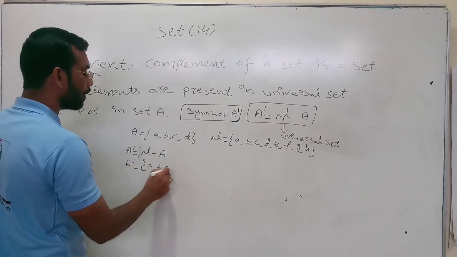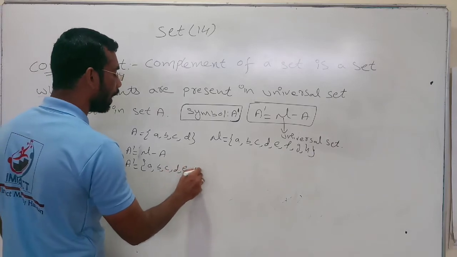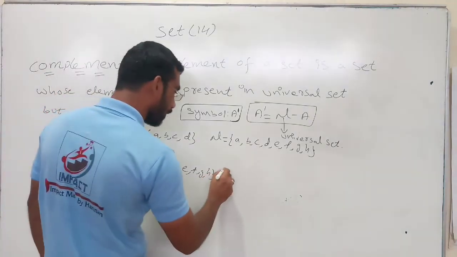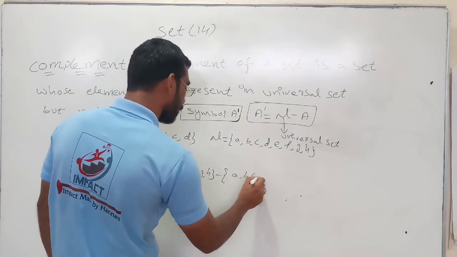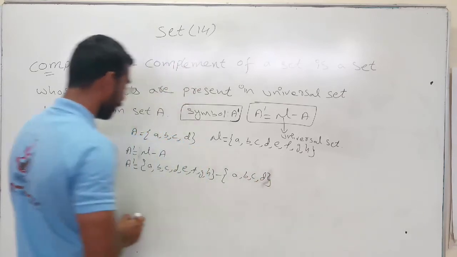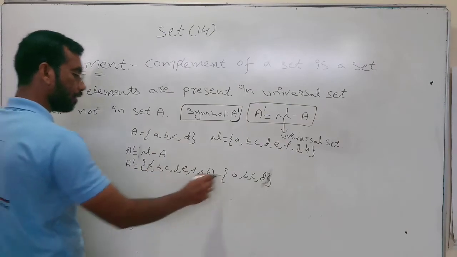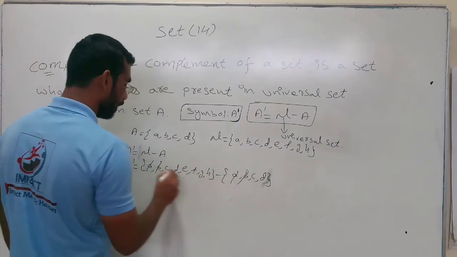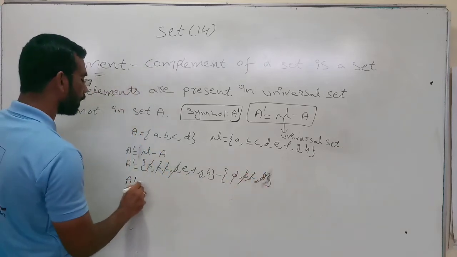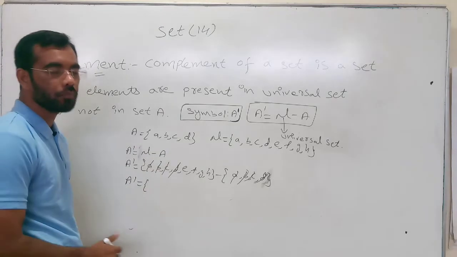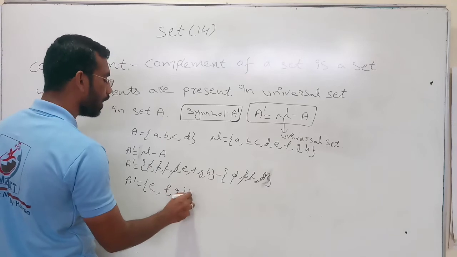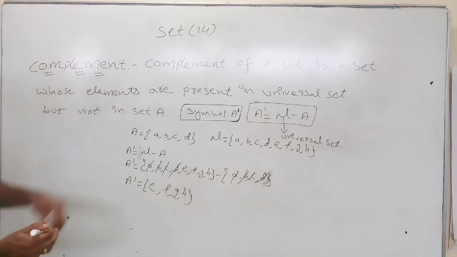A, B, C, D, E, F, G and H. Now what is A here? A, B, C and D. What is common? Cut it. Now A complement is equal to the elements that remain in mu. You should write only those: E, F, G, H.